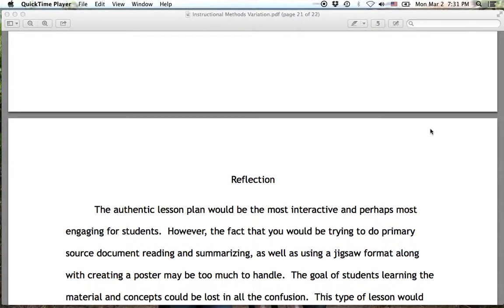I commented that doing summaries, group work, a jigsaw reading activity, and filling out a poster all in one lesson would probably be asking a bit too much. So even though it would be the most interactive for the students, with very little teacher talking time and a lot of student talking time, you'd probably miss some of the content just because of all the activity that's going on.